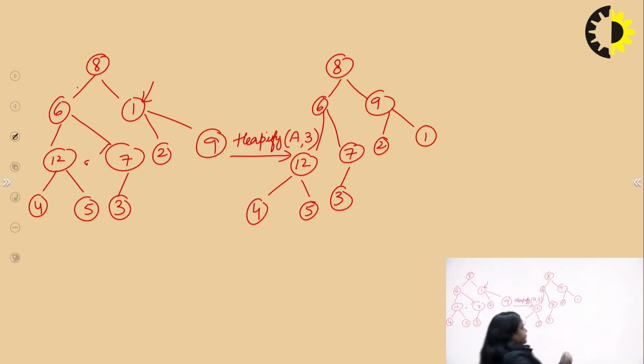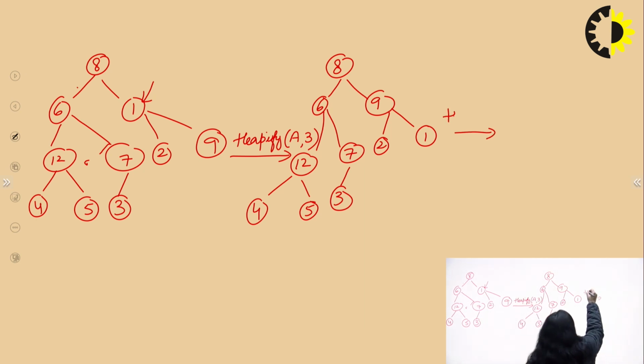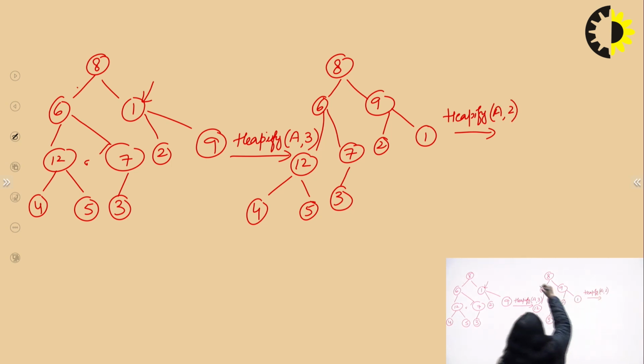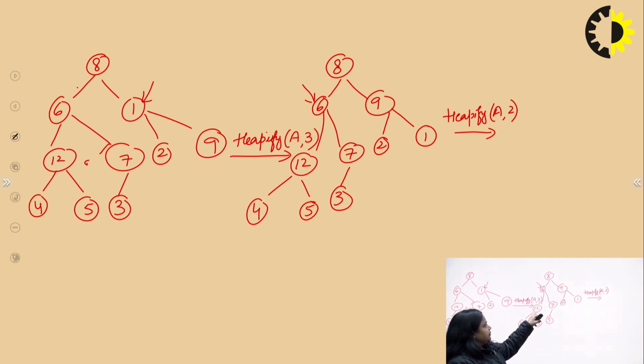Then after that we have to apply heapify A comma 2. When we apply it, now see, into this tree we know 12 is greater than 6. But similarly, we need to check 6 should be greater than left child and right child also, right?